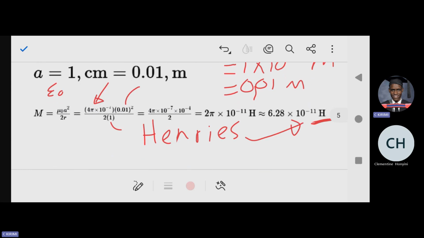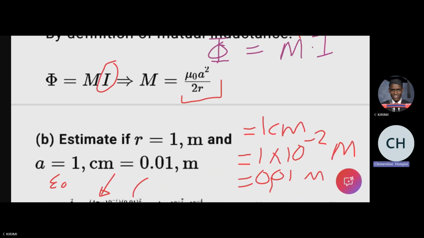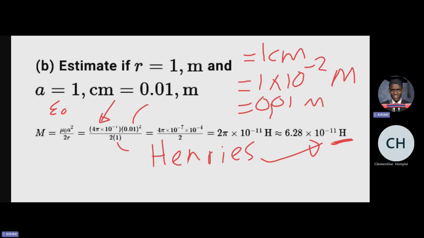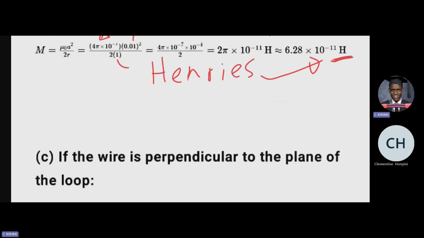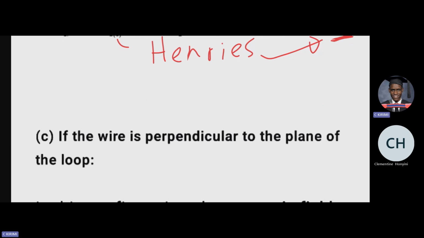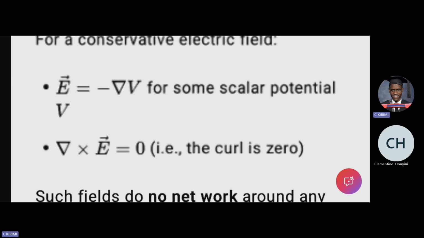Now you answer, you put it in Henrys, capital letter H, not small letter. Any question there? It makes sense. Yes, you're just substituting into M. And the last one, if the wire is perpendicular to the plane of the loop. Right, so let's go to the question.